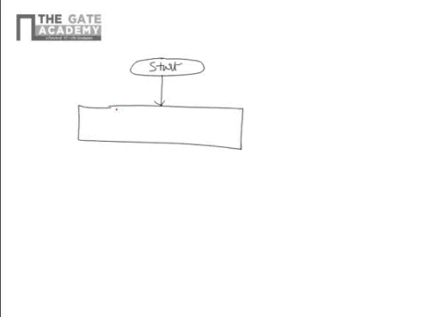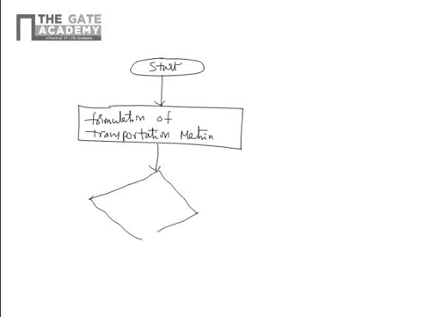So this transportation problem is solved in different steps. In a flow chart, I'll show you what the first step is: formulation of the transportation matrix. Next, check whether the transportation matrix is balanced.